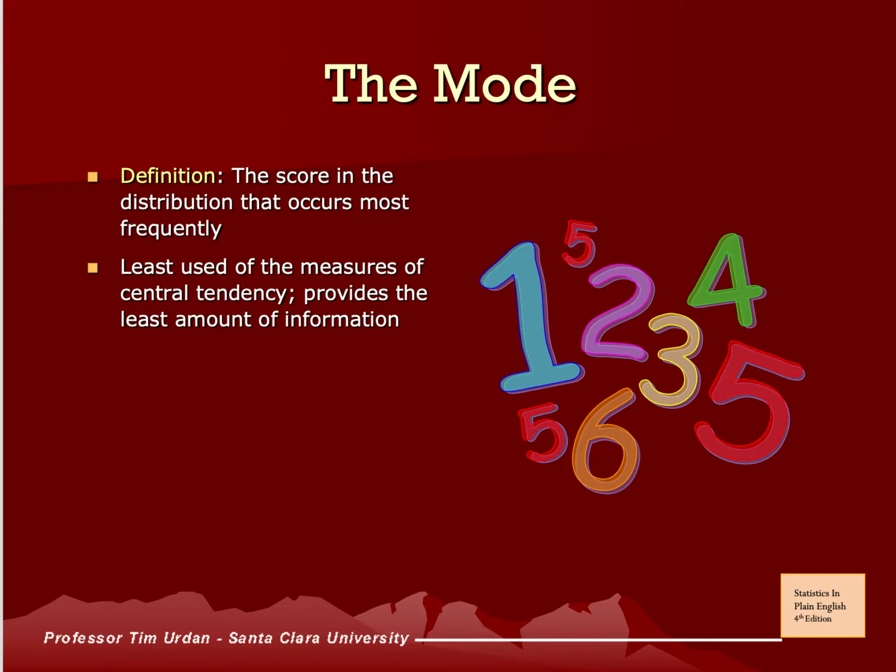It is the least used as the middle because it tells us the least amount of information. It doesn't tell me anything about the spread. It doesn't tell me anything about really the middle. It just tells me what occurred the most often, which can be something in the middle. Not always, though. So it doesn't tell us a whole lot, but there are times, like when selling your home, that you would want to know, well, what's the price that sold the most in the first 30 days?